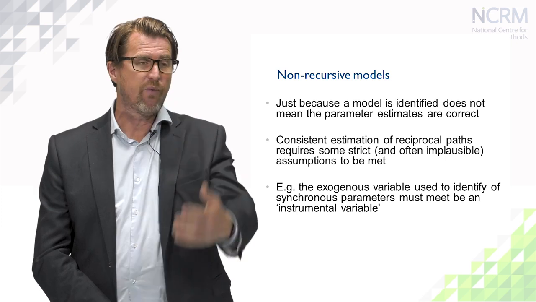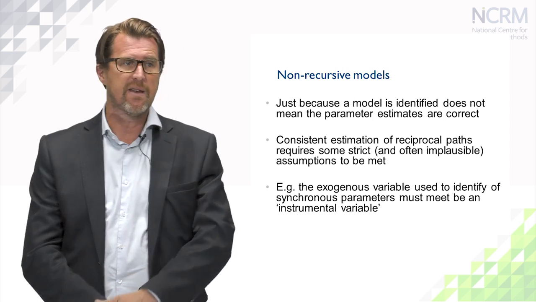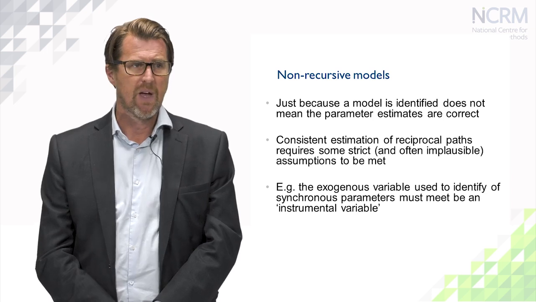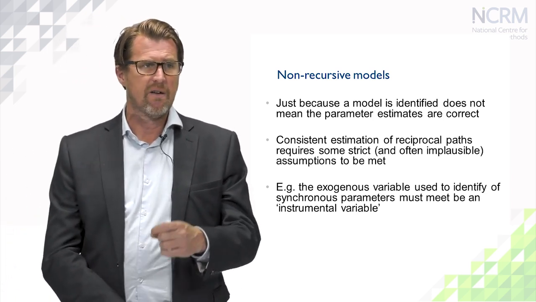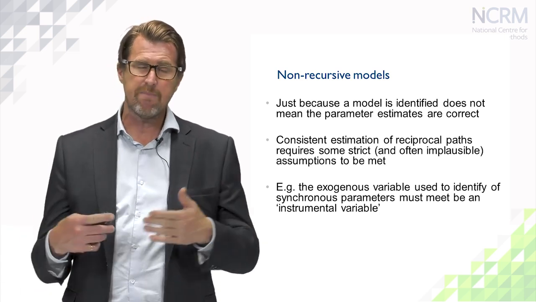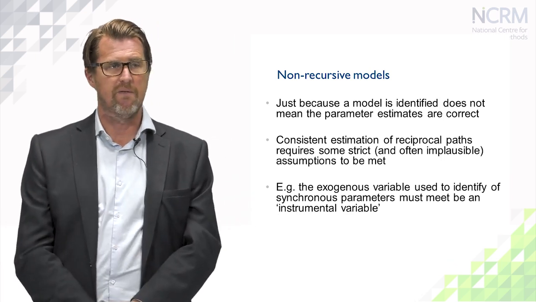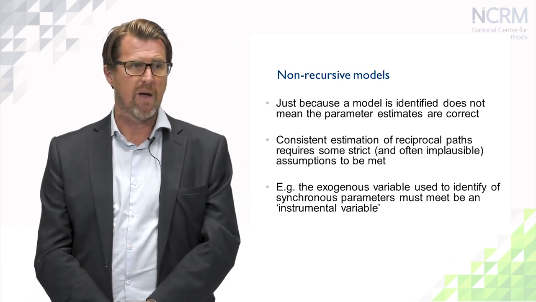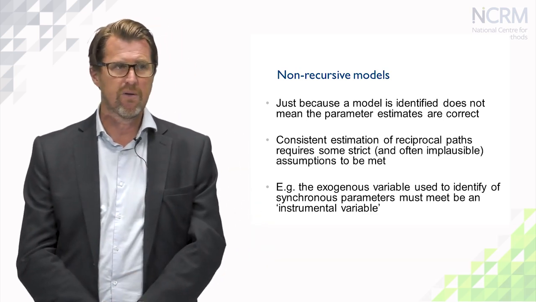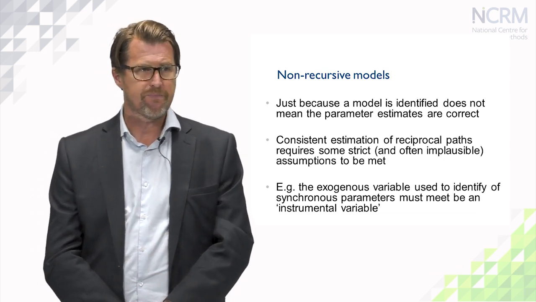As I said, a model may be empirically identified, but it doesn't mean necessarily that we can trust the parameter estimates. In particular, if we want unbiased and consistent estimates for reciprocal paths, which are when we have arrows running between two variables in a model, we have to make some quite strict and, some would argue, often implausible assumptions about the variables in the model.